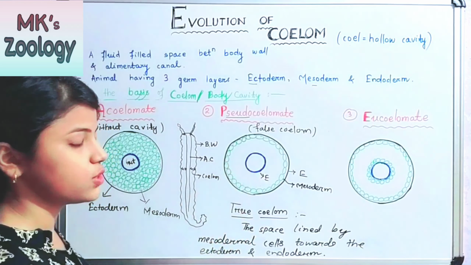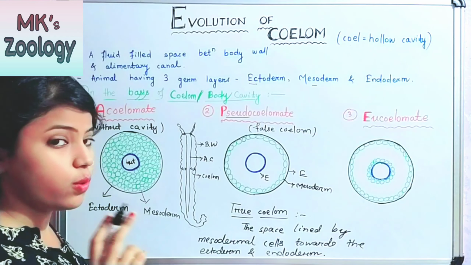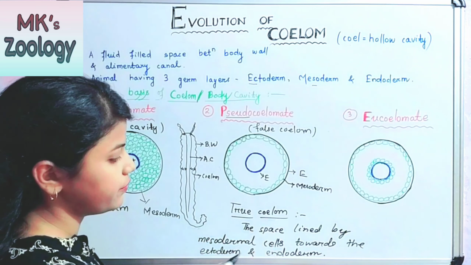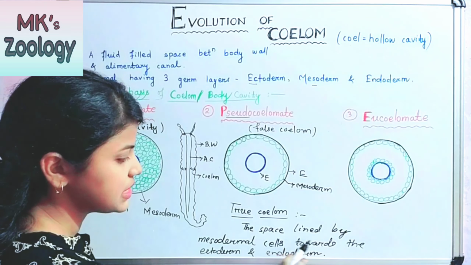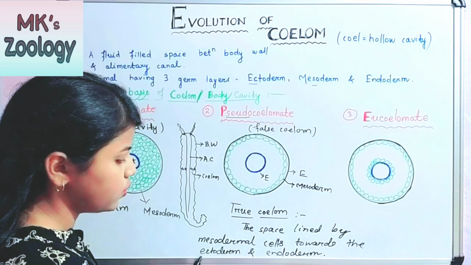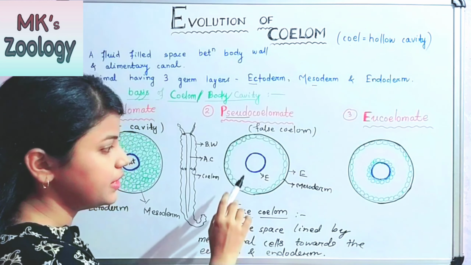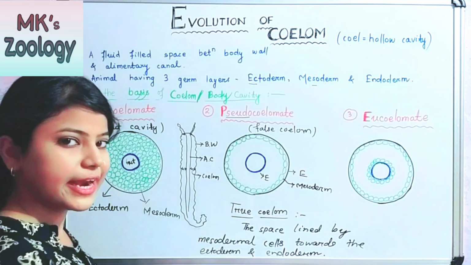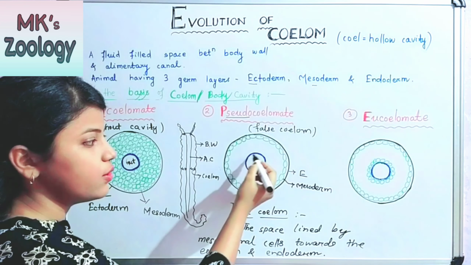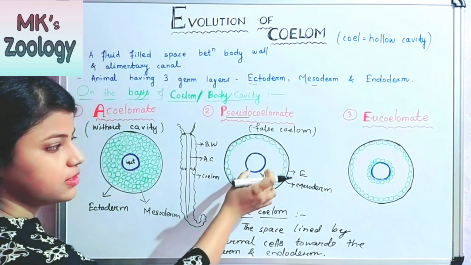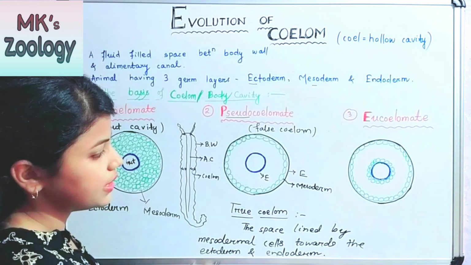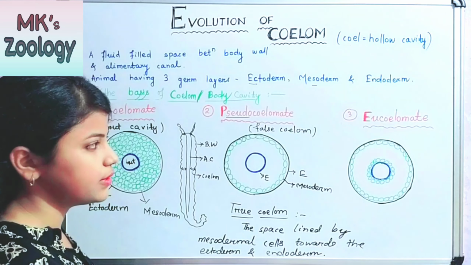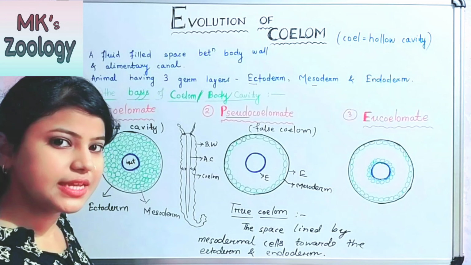But why? The true coelom definition is mesodermal cells lined both towards ectoderm and endoderm. But here the mesodermal cells are lined only towards the ectoderm. There are no mesodermal cells towards the endoderm. That is why it is known as pseudocoelomate.